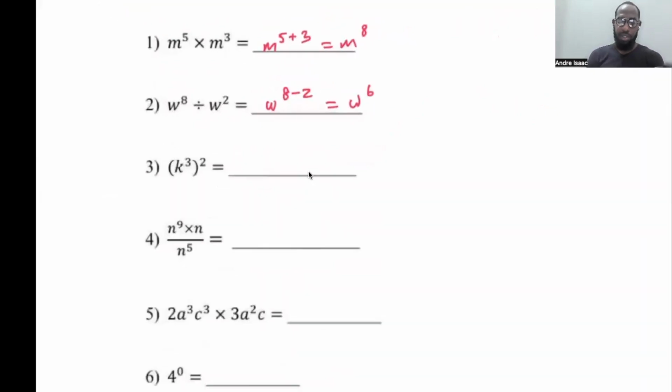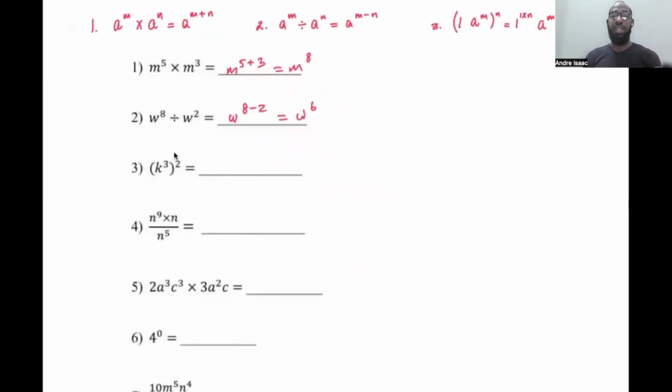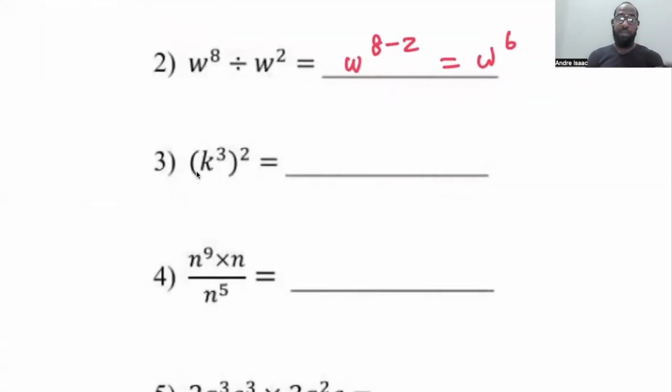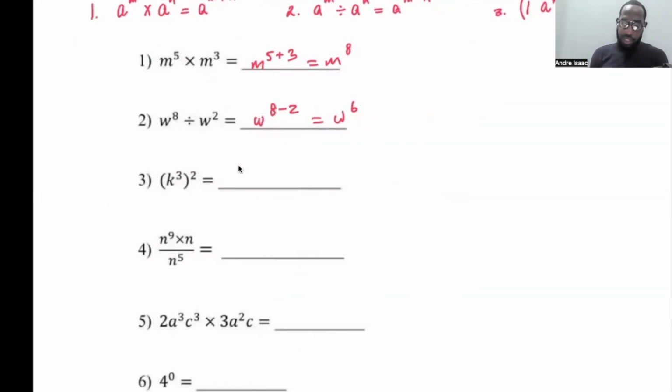All right, part 3. We come into part 3, and part 3 deals with Rule 3. So we are focusing on the powers. Bracket means multiplication, and we have k cubed in brackets, and outside of the bracket, we have to the power 2. So that is pretty simple.